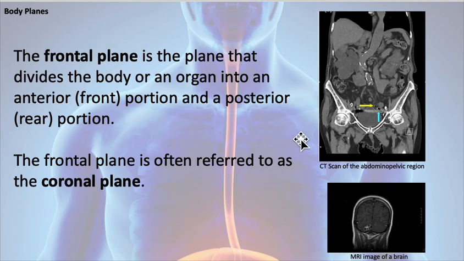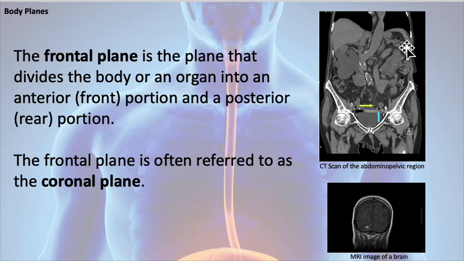So the frontal plane is the plane that divides the body or an organ into an anterior front portion and a posterior rear portion. So here we can see if a section is taken from the frontal plane, it's as if you are staring at the individual at an anterior view.